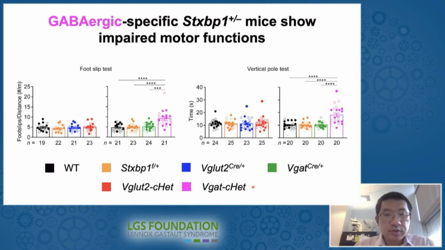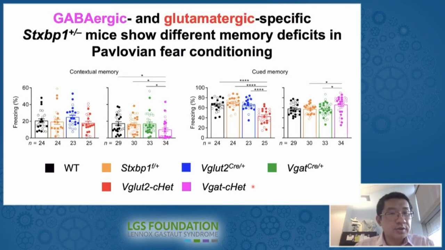Similarly, when we look at their learning and memory in the fear conditioning paradigm, we saw something quite interesting, because the contextual memory and the cue memory deficits are actually segregated between these 2 cell types. For the contextual memory, the VGAT heterozygote mutant animals show a strong impairment, but it's quite normal for the glutamatergic mutants.